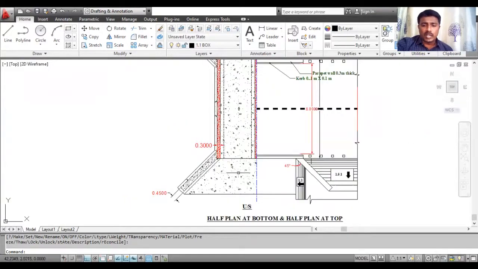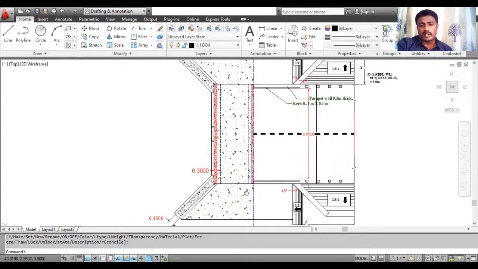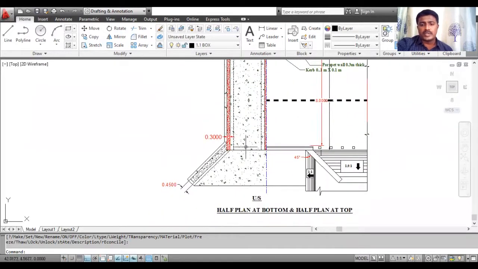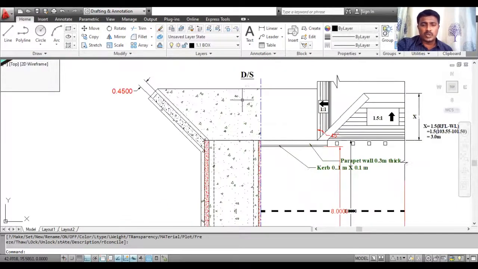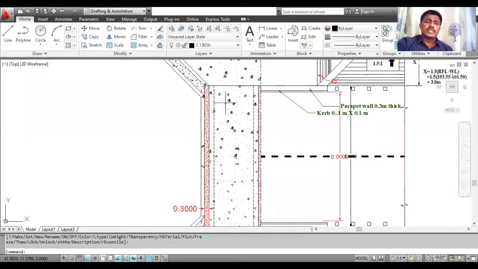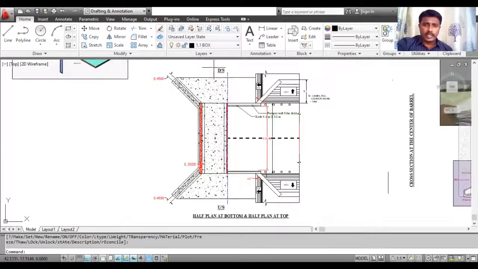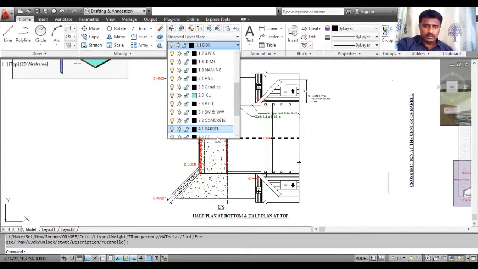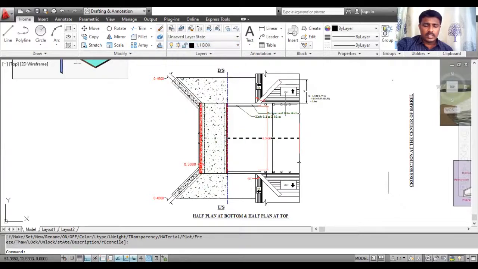So for concrete bed pitching, if concrete is laid upstream, show the concrete like this, and also downstream show like this. So this is the procedure. Finally, this is the procedure to draw half plan at bottom.